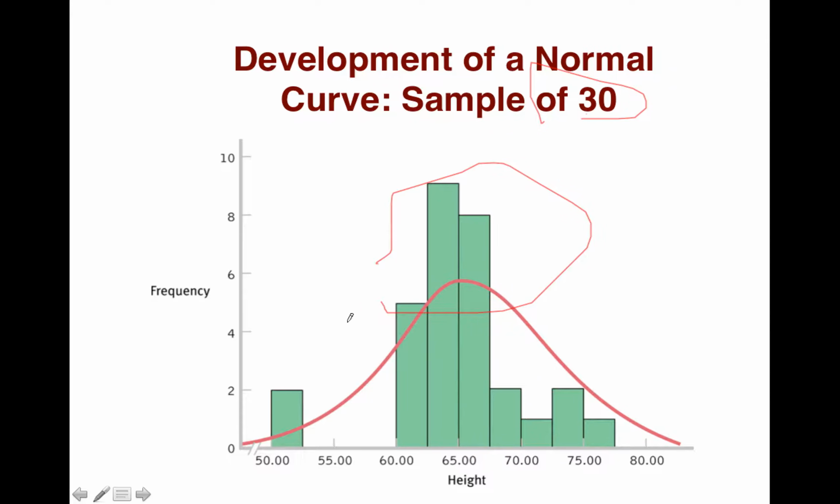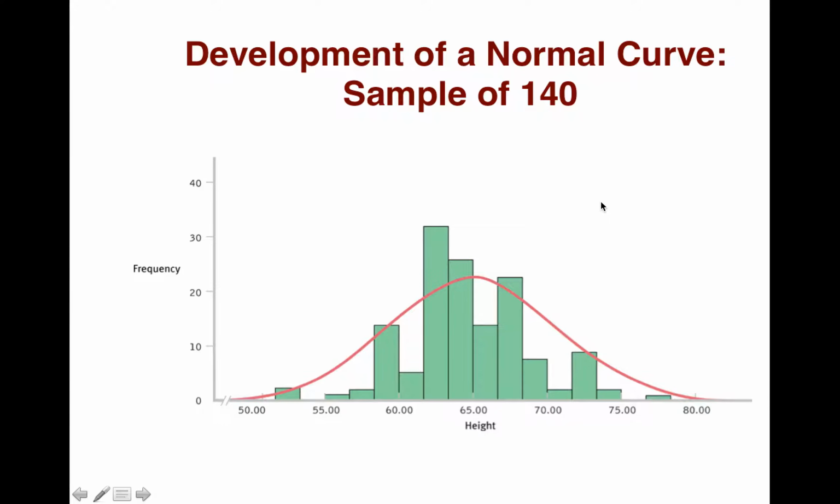A one hump distribution with the most people in the middle, and then just a little bit on each end of the tails. And so it's got some people missing here, but because it's not perfect, it's still a sample. But we're getting to be that unimodal and symmetric properties of a normal curve. And then the more people you take, the more normal it's going to be.